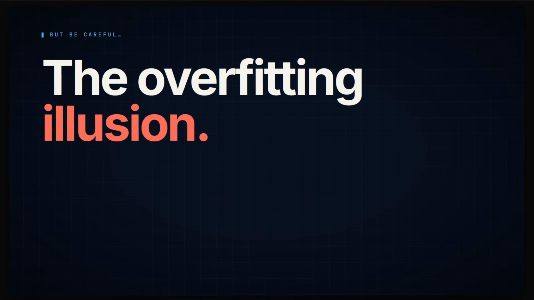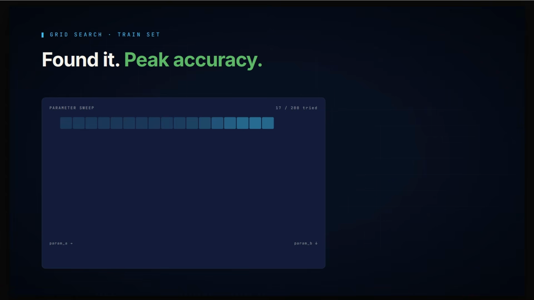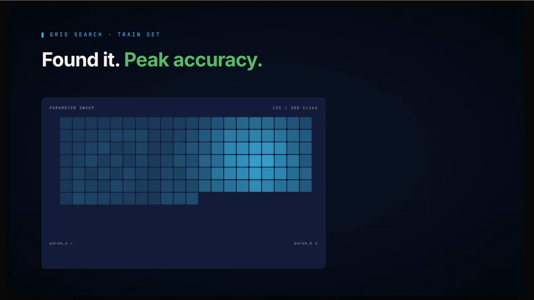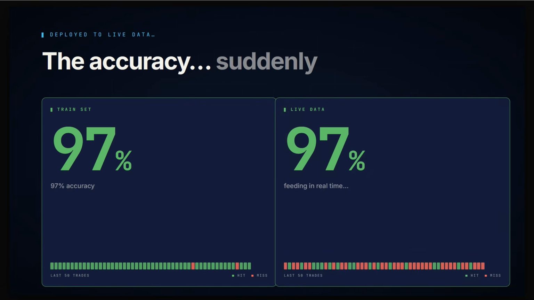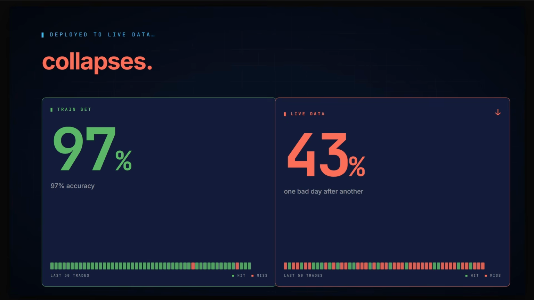Wait, but why not just optimize it on the whole 5 years of data immediately? Well, here something comes into play, which is called the overfitting illusion. Eventually, you will find a setting for your strategy that performs super well on your dataset and achieves something like 97% accuracy. But once you start using it on live data, the accuracy suddenly sharply drops to something like 43%.